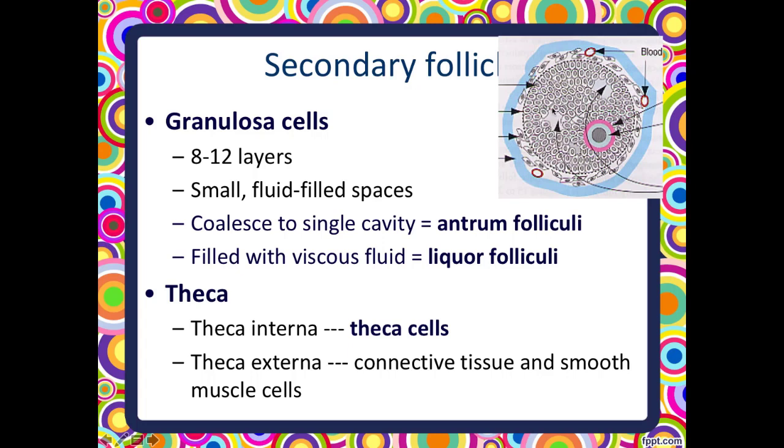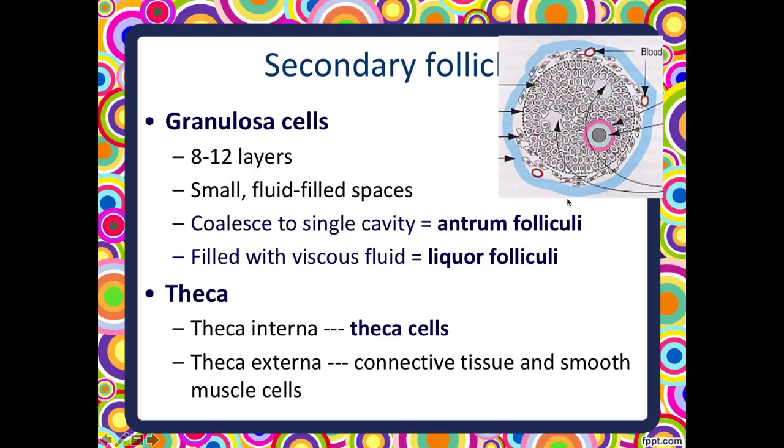They are fluid filled, and they eventually coalesce to a single cavity. The viscous fluid inside of these spaces is called the liquor folliculi, and the single cavity, which will be there eventually, is called the antrum folliculi.